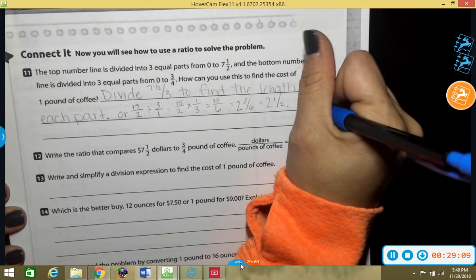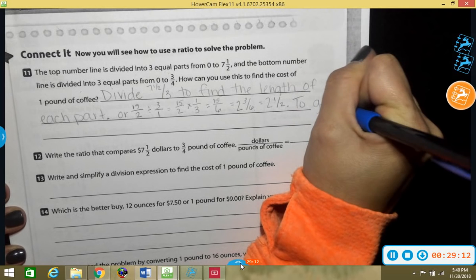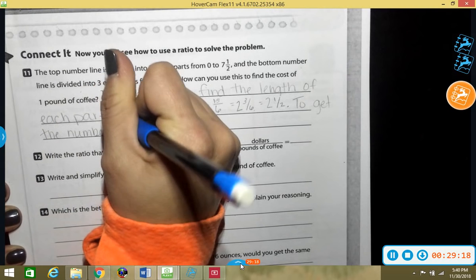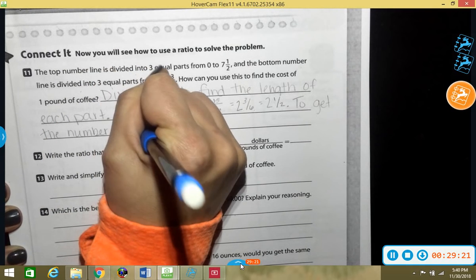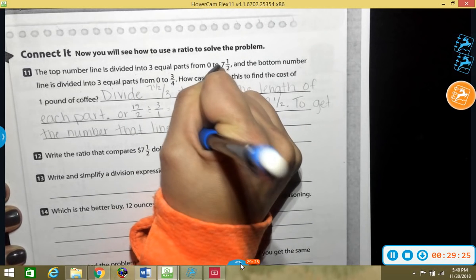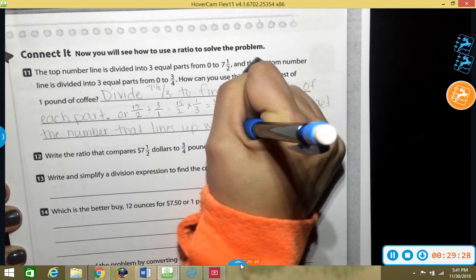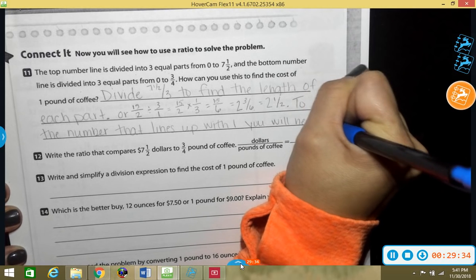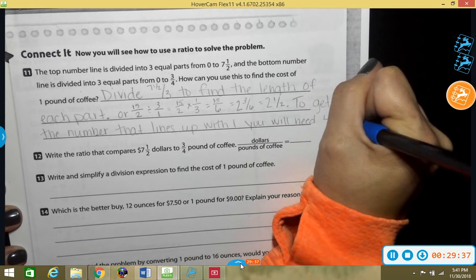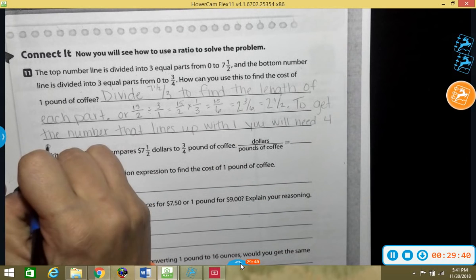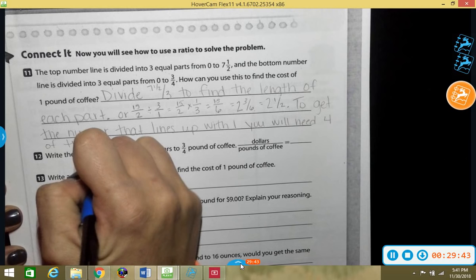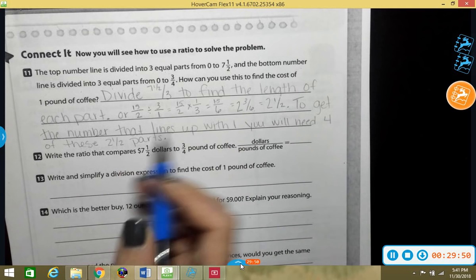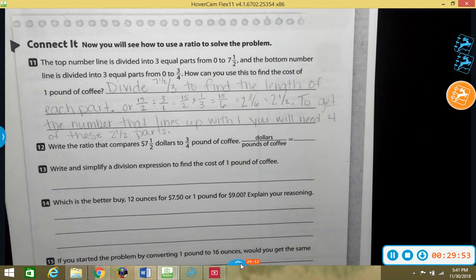So then to get the number that lines up with 1, you will need 4 of these 2.5 parts, which is what they showed you in this picture.